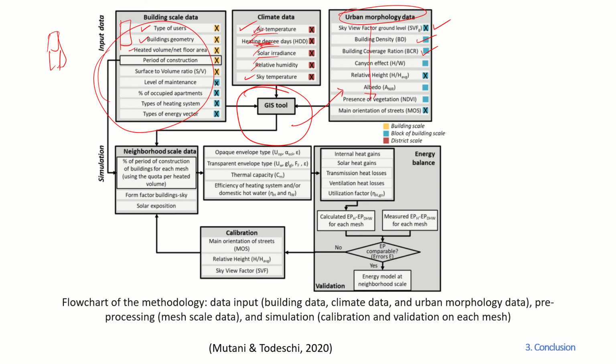The extraction is done in the GIS platform itself to understand the relationship between building and climate. This is something I'm trying to promote and also encourage students here to work on. So that's in summary on how we use GIS.